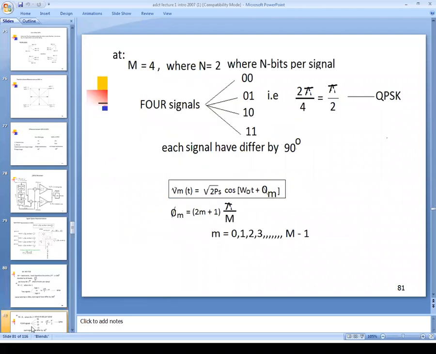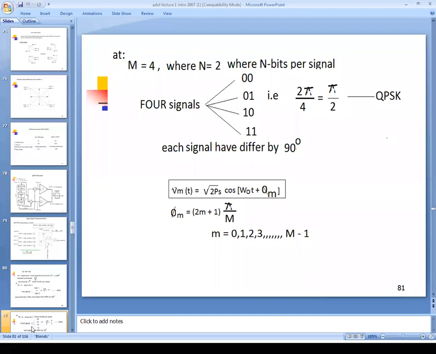Now at capital M is equal to 4, where n is equal to 2, that is 2 to the power of 2 is equal to 4, where n is the number of bits per signal. There are 4 signals now: 00, 01, 10, 11.